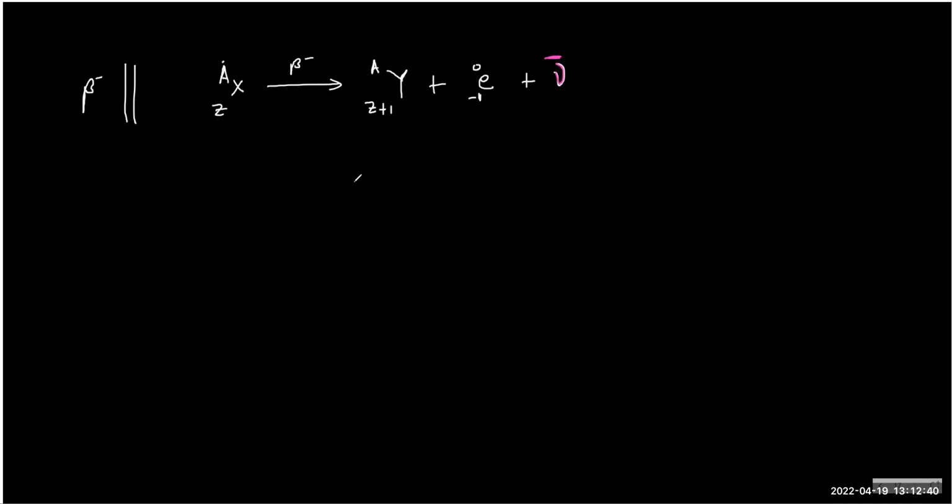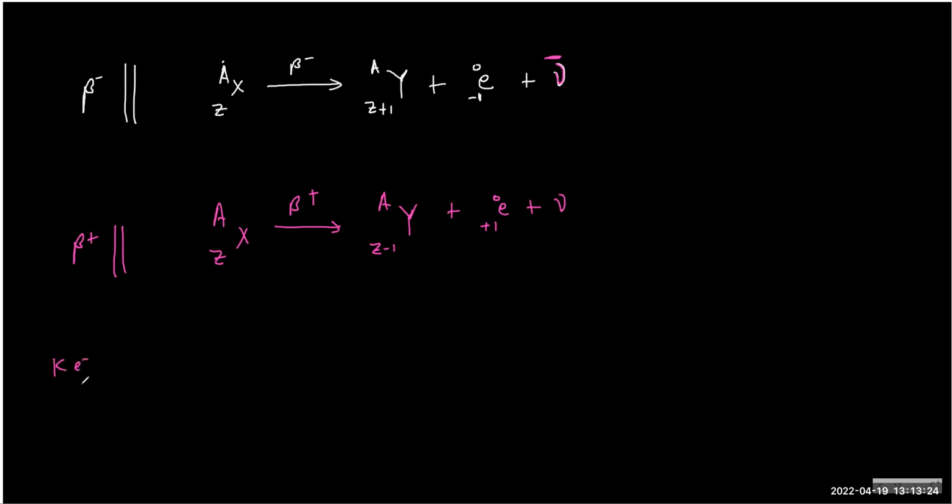Now this way of representation is important to get the mass defect. Similarly for beta plus decay, the reaction will be, tell me, what we are converting here. So A will never change, but Z will decrease by 1 because we are converting proton into neutron. So if proton becomes neutron, the atomic number will decrease, right? And then what we get is a positron with a neutrino.